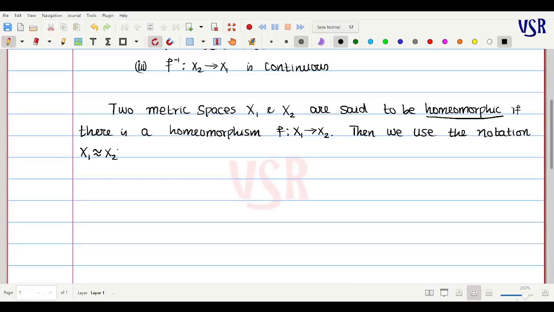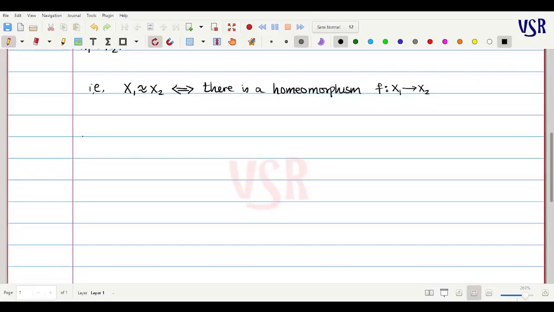What does it mean? If x1 is homeomorphic with x2, if and only if there is a homeomorphism f from x1 to x2. So this is the notation: x1 is homeomorphic with x2 if and only if there is a homeomorphism f from x1 to x2, that is, f is bijective and bicontinuous.